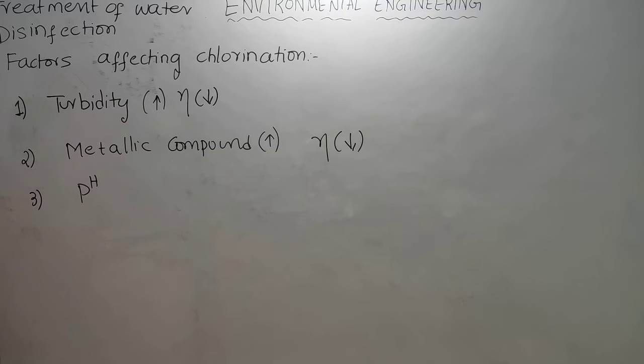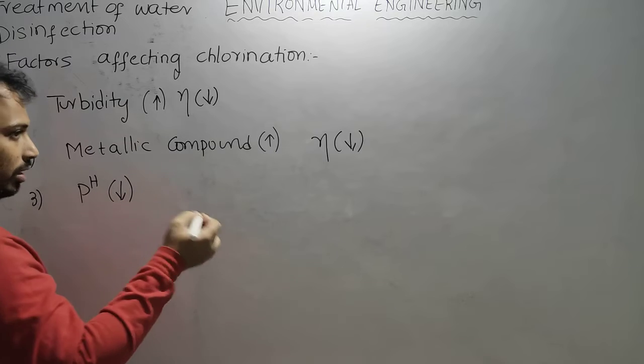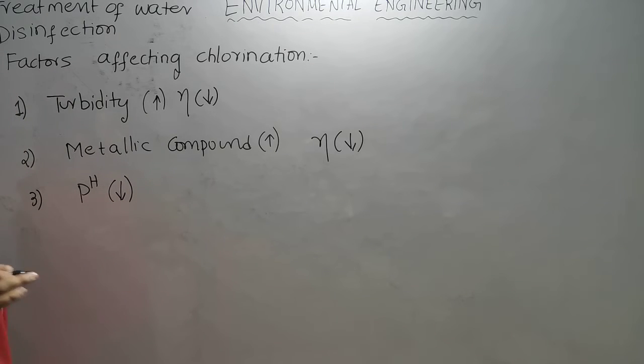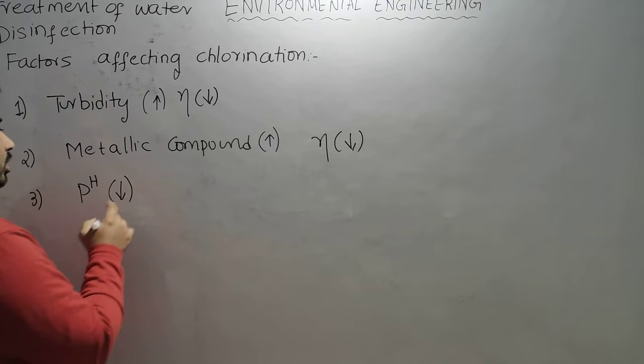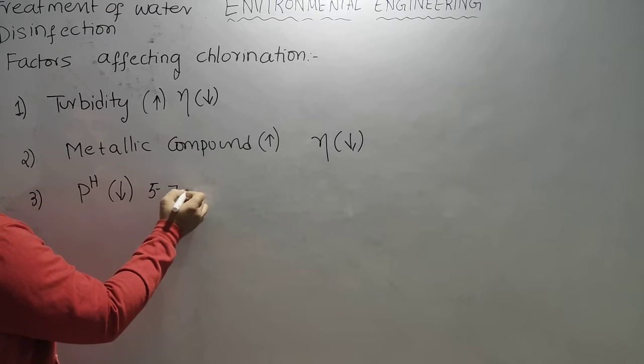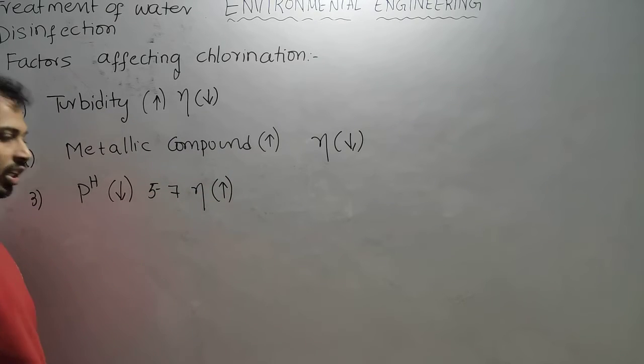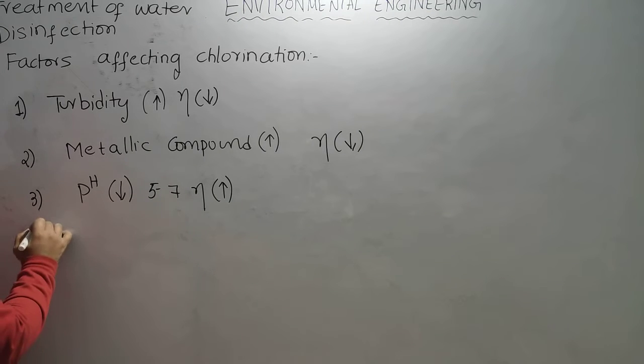When pH is between 5 and 7 the efficiency will be higher, but if it reduces to less than 5, chlorine may not react with water. So it should be between 5 and 7, then the efficiency will be higher. And the next one is time of contact.